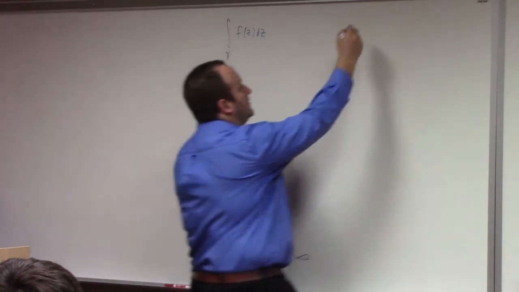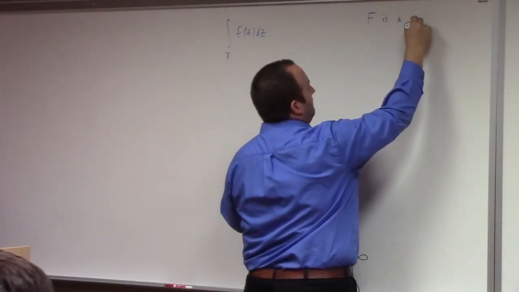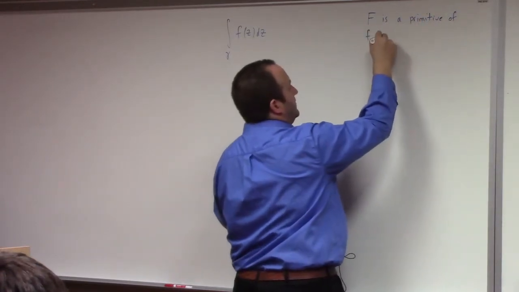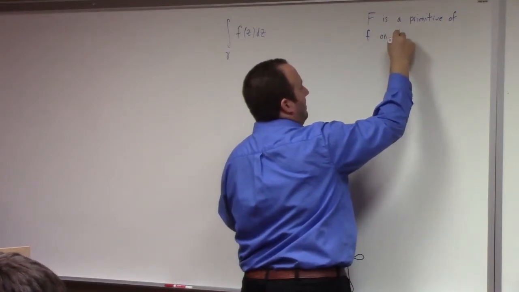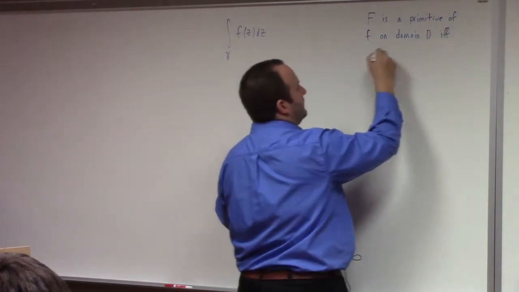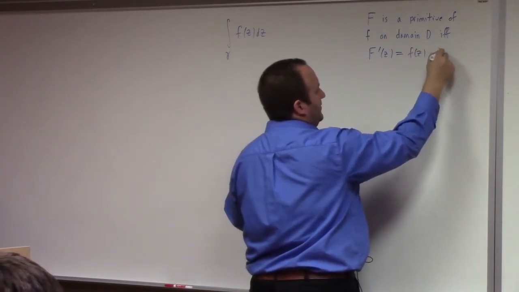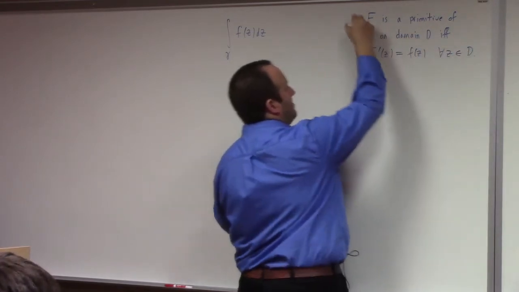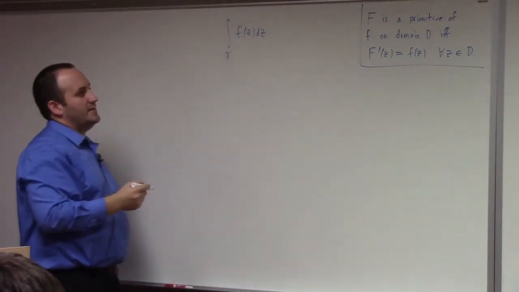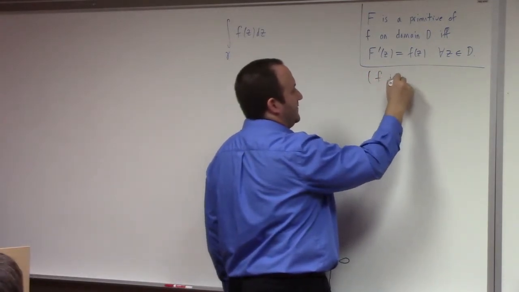So say big F is a primitive of f on a domain D if and only if F prime of z is equal to f of z for all z in D. That's a definition. And I would like to say if this is the case, this means f is integrable on D.